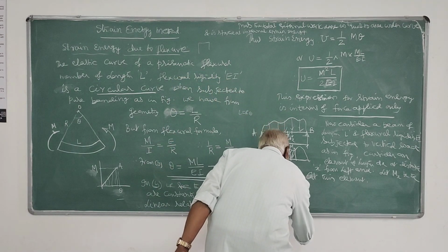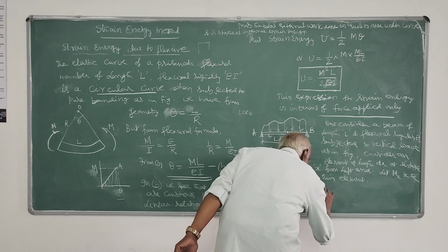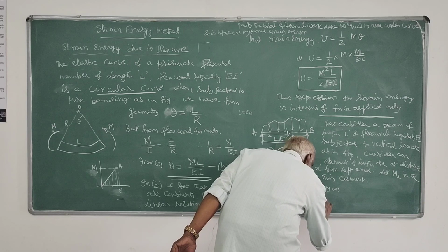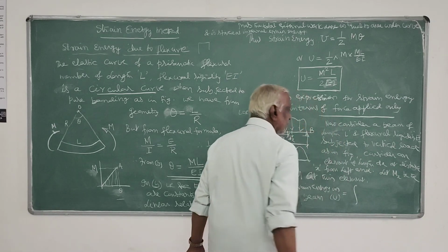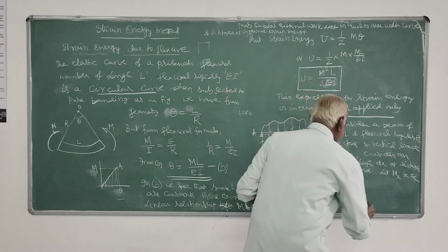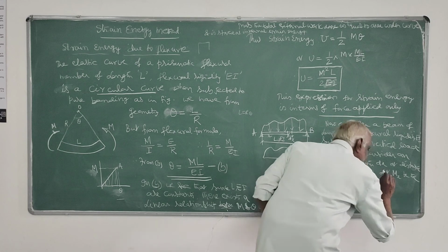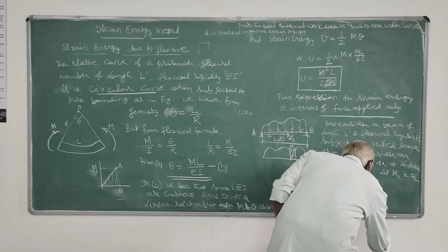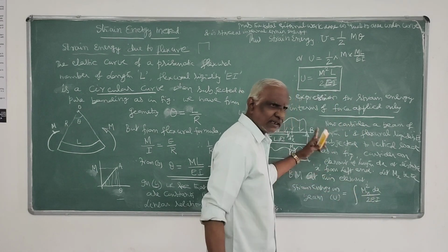Therefore, strain energy in the beam U is equal to, in the element, it is Mx squared, length is dx, divided by 2EI. That is your strain energy in the element.